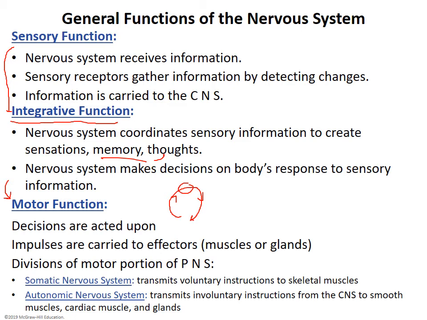Now, like we just said in the previous slide, the motor is going to have two parts, somatic and autonomic. Somatic is voluntary, which means that I have conscious control over it. Autonomic is involuntary, which means I do not have conscious control over it. For instance, if I'm eating an apple and as I'm chewing it, there's going to be chemicals that are released, and they're going to be monitored and thought about by my central nervous system to tell which one.